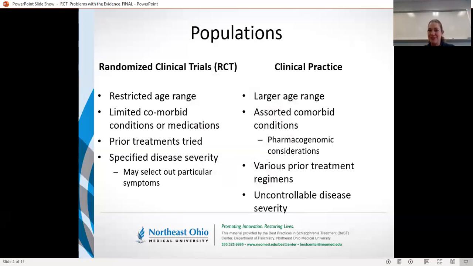In clinical practice, you're not able to screen those patients that have an anxious, depressed severity or that may have insomnia that goes alongside of it. It's much more of an all-comers, which means that it's not really a great alignment at all times. You may have a much larger patient age range. They come in with all different types of comorbid conditions, other medications.